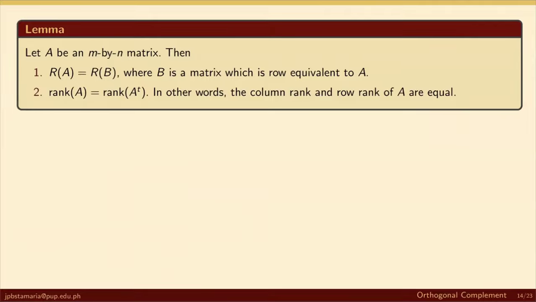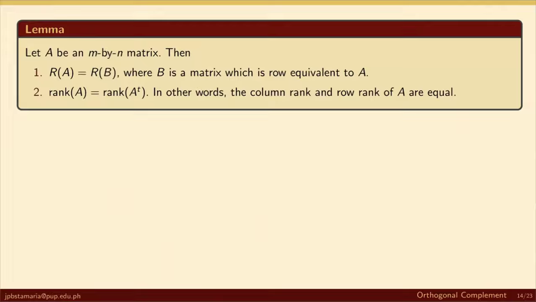Lemma number 1 states that if you have obtained a matrix B from A by doing a finite sequence of elementary row operations, then their row spaces are actually the same. Meaning to say, the span of the rows of two matrices are the same if you have just obtained one of the matrices from the other by performing elementary row operations.